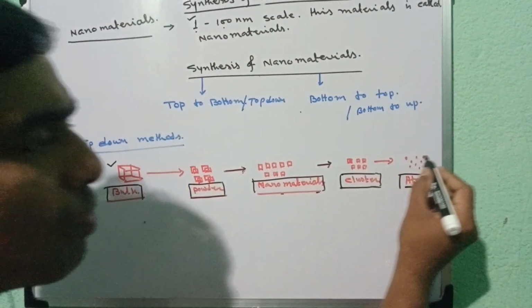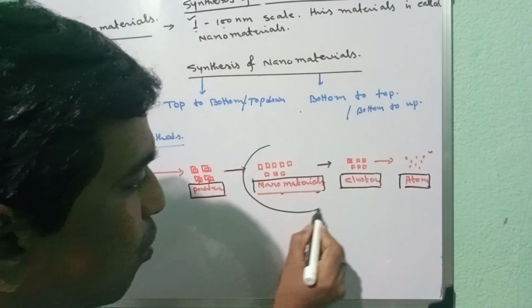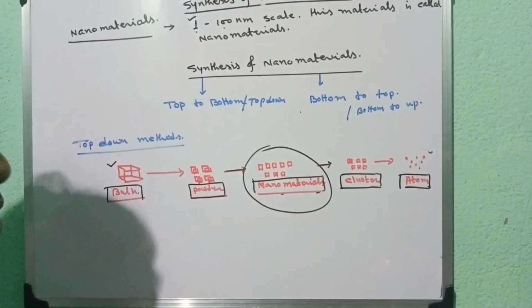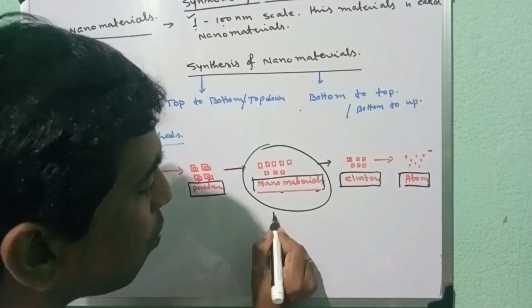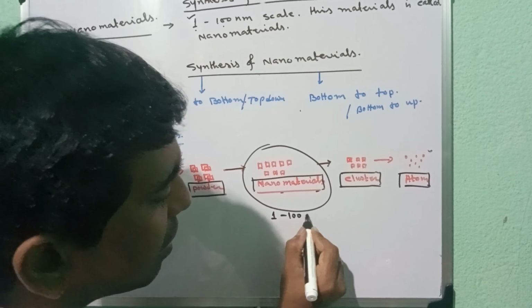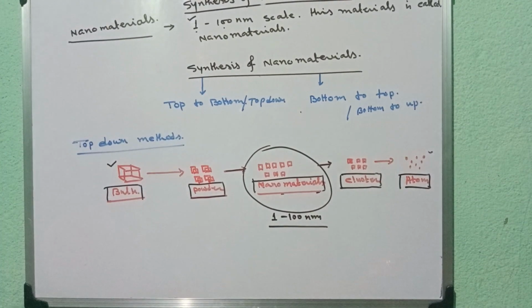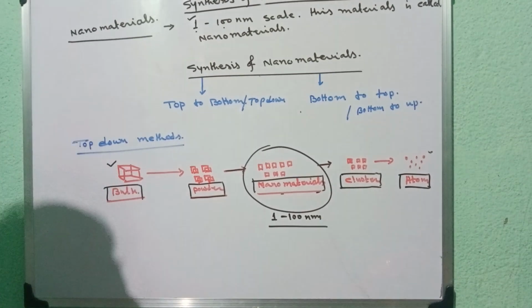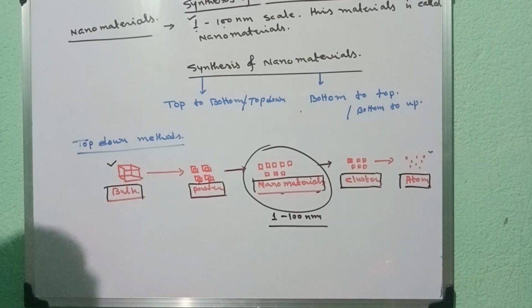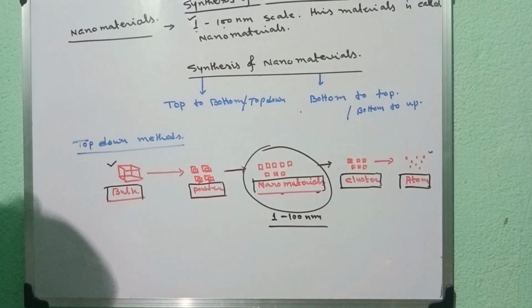This is how we get nanomaterial, having a scale of 1 to 100 nanometers, where any dimension of the material reaches that scale.